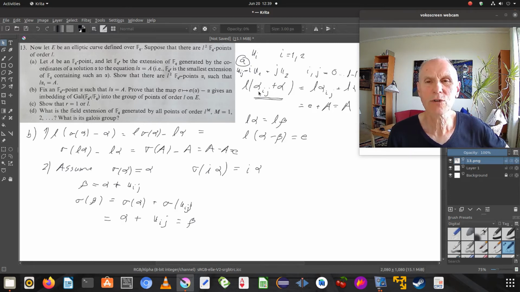And since there are L squared of these guys, I thought that the Galois group would have order L squared.